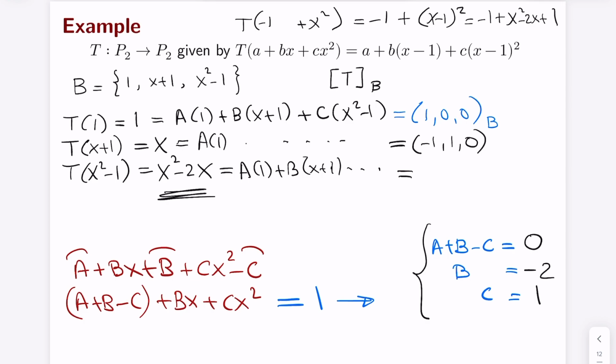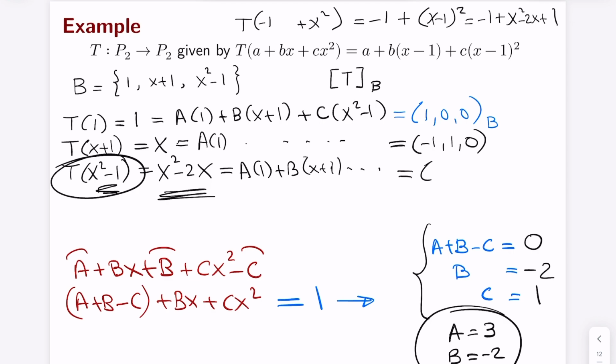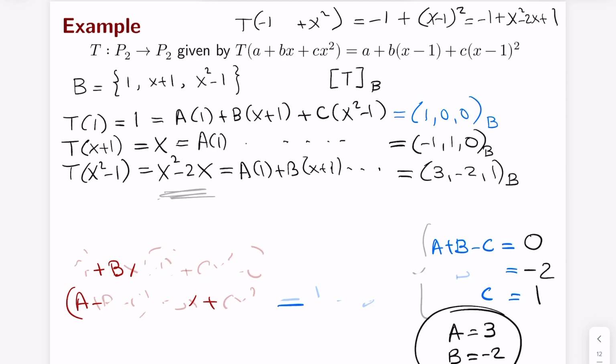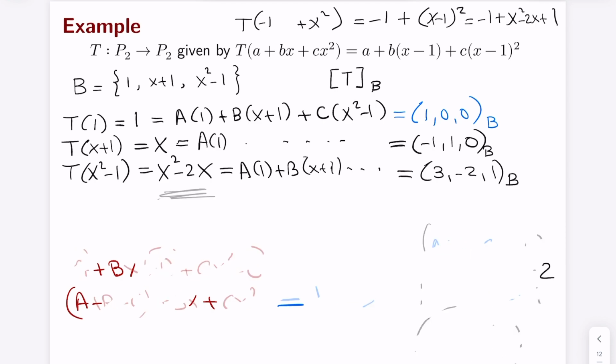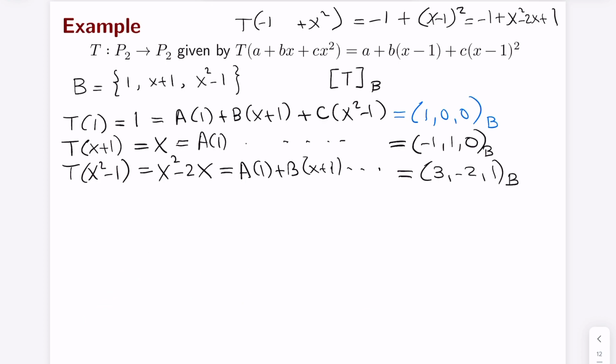When we solve for this, we get that a is equal to 3, b is equal to minus 2, and c is equal to 1. So these are going to be the components of this vector in base B. So they are going to be 3, minus 2, and 1. Okay, so we got all the components of the vectors in the base B.